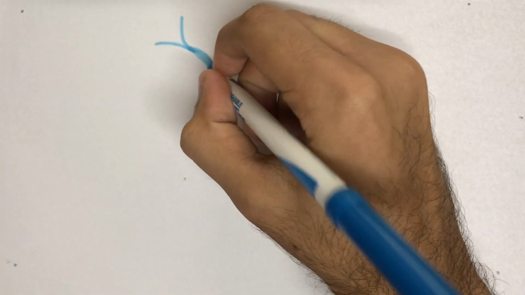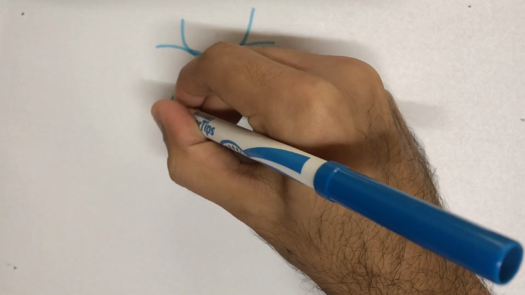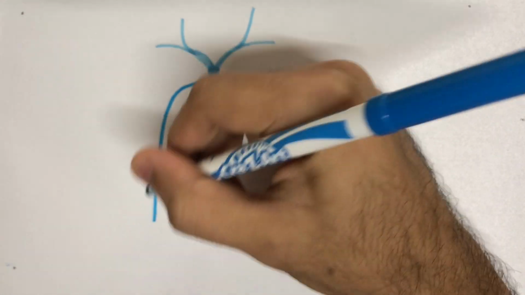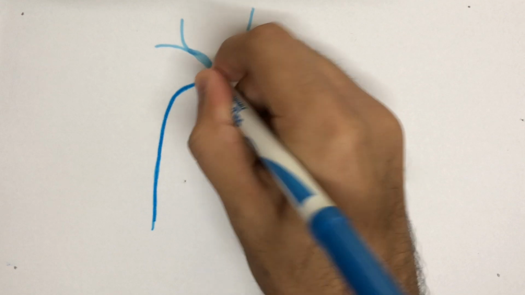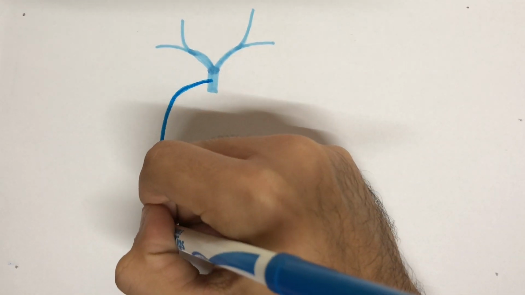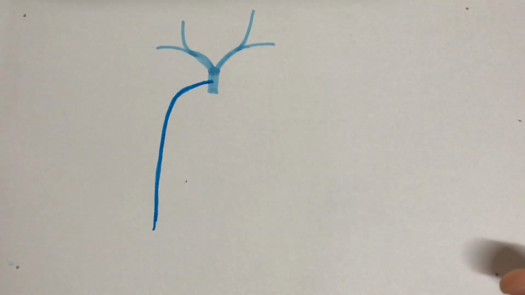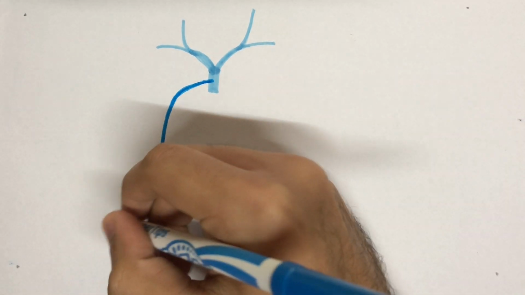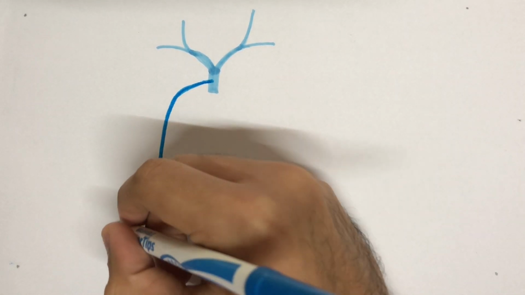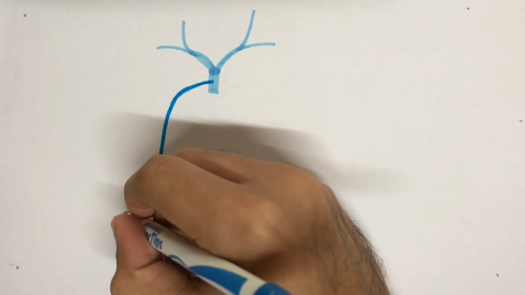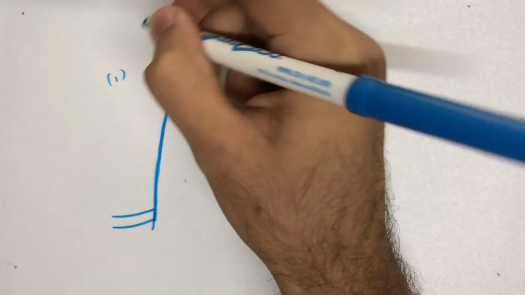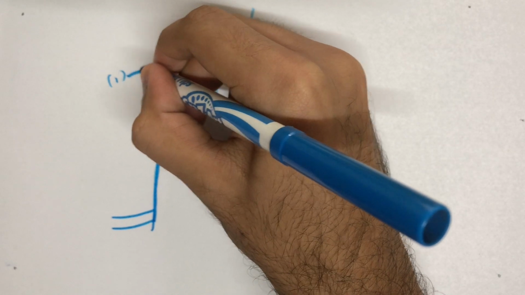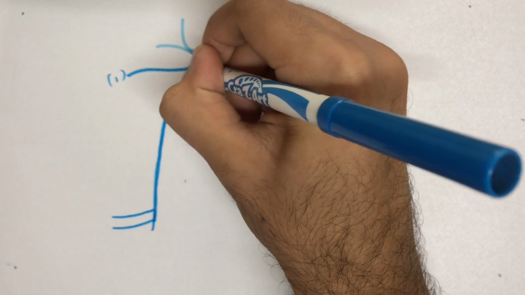Firstly, looking at the right side of the SVC, there is a system of veins which is termed the azygous venous system, or simply the azygous vein. The azygous vein is formed by every single intercostal vein of the right side except the first. The first intercostal vein will drain directly into the right-sided brachiocephalic vein.